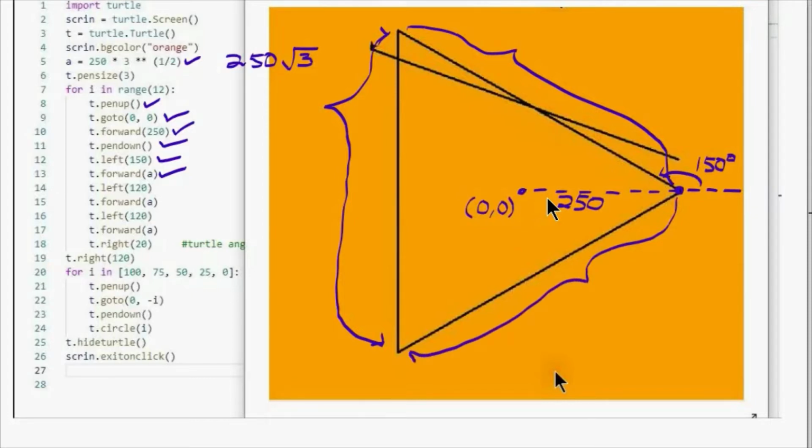They are all having the same lengths. We call this triangle equilateral.